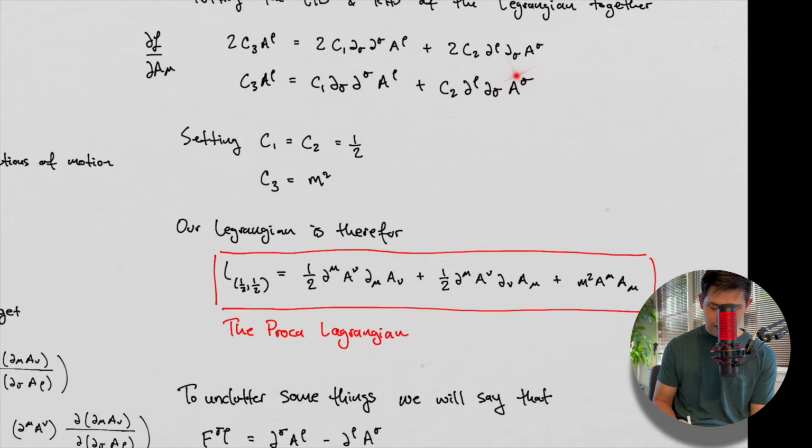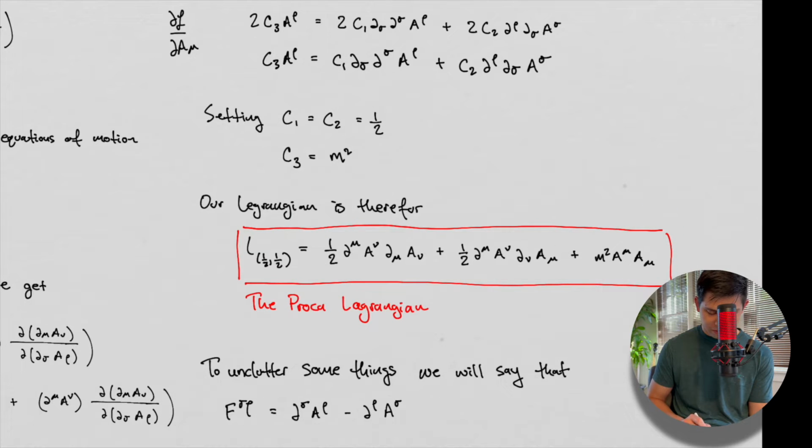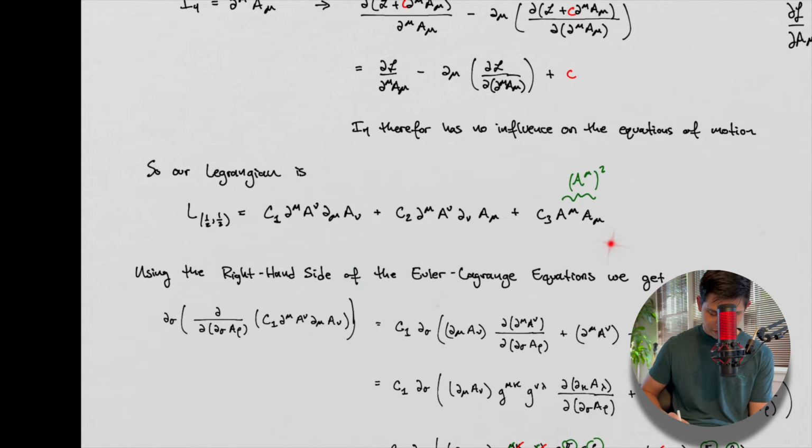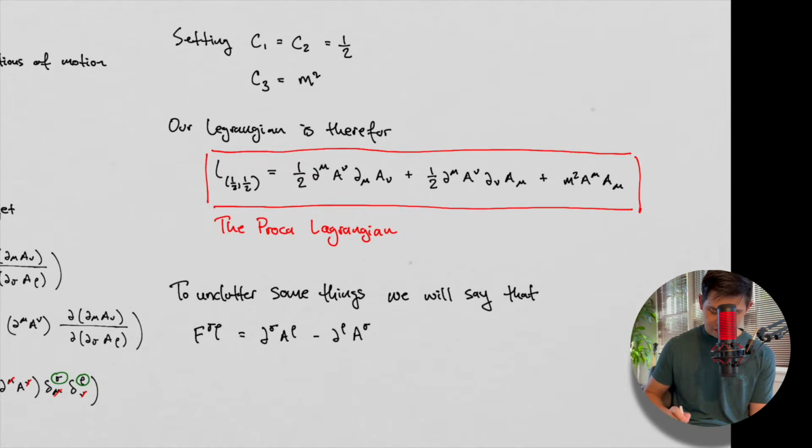All right, so again, that's just the Proca Lagrangian, and the reason for that is we have 1/2 here. When we set these two constants, we really just put the constants back into here, right? And that is where we get this.